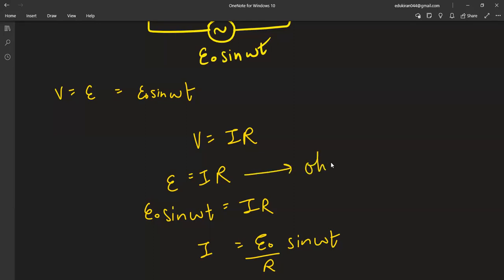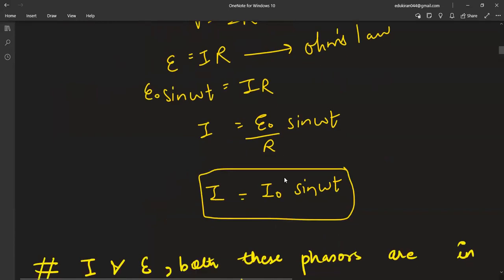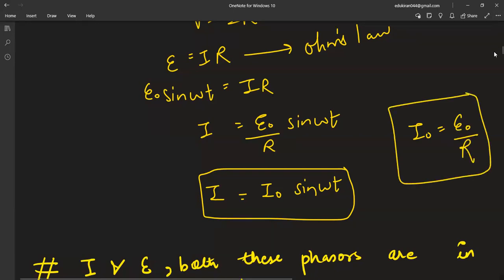This is all using your Ohm's law. What is the value of E? E is E naught sine omega t. So E naught sine omega t is equal to IR, right? So from here, the value of current is E naught sine omega t by R, and compare it with the main equation, I naught sine omega t. That means what is the value of I naught? I naught is E naught by R in your circuits having only resistors.